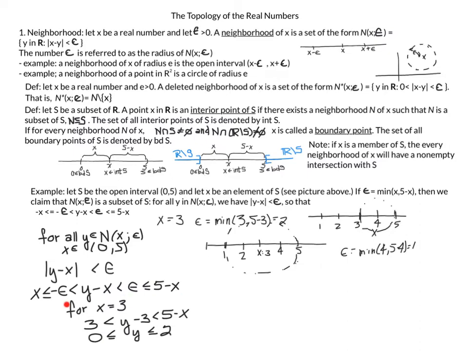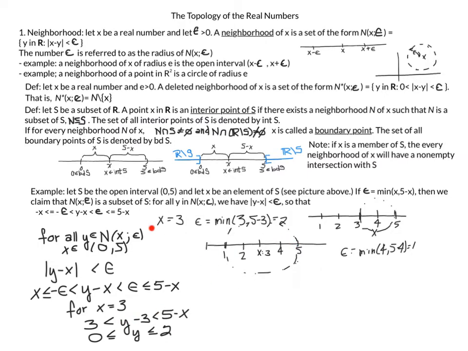So given a value X equals 3, I can tell you what my neighborhood is going to look like. I'll plug it into my formula. Y minus 3 is less than 5 minus X and greater than negative 3. So my neighborhood is going to be between 1 and 5, which is exactly what we had drawn over here.